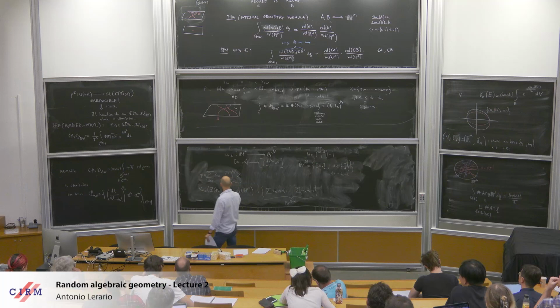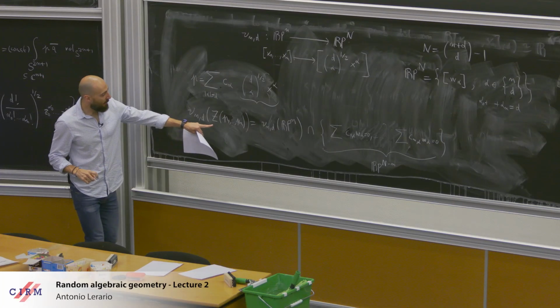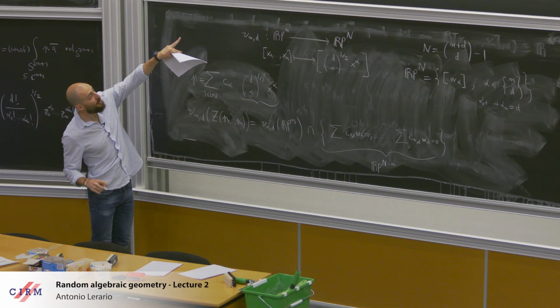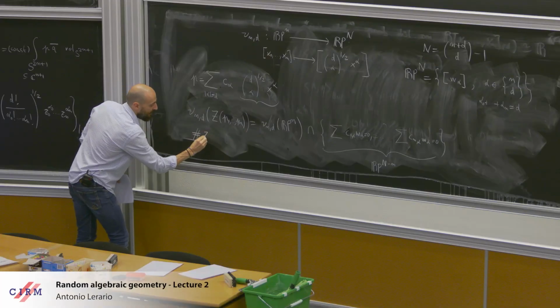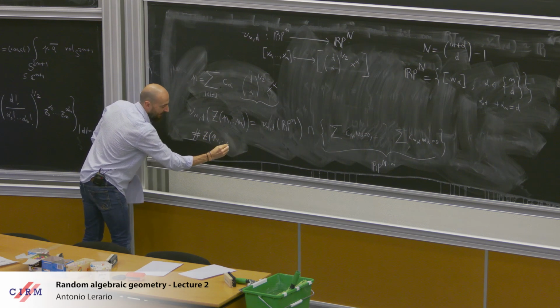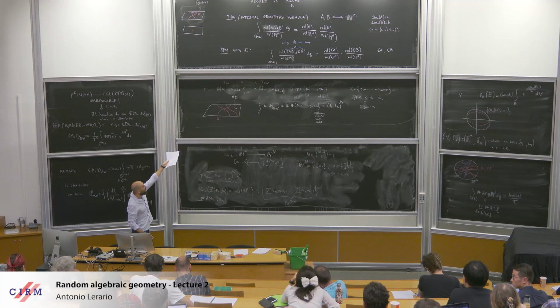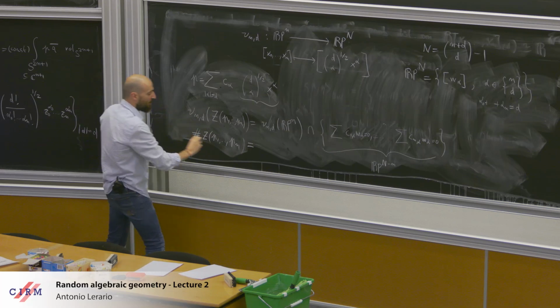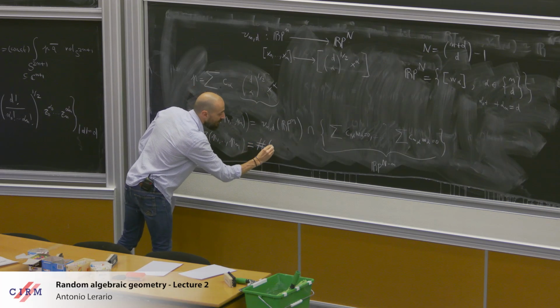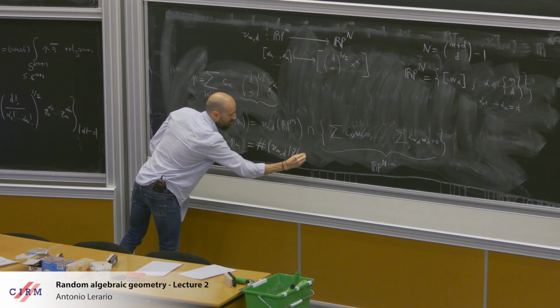Good. We're getting close to what we want to do. Now, when the number of solutions is finite, the cardinality of the zero set of p1, ..., pn, so the cardinality of our system, the function we are studying on our space of polynomials, is the same, because it's a homeomorphism, as the cardinality of the image. This should be obvious.